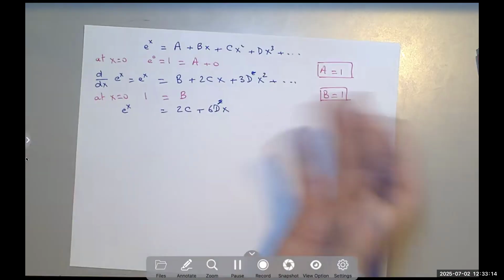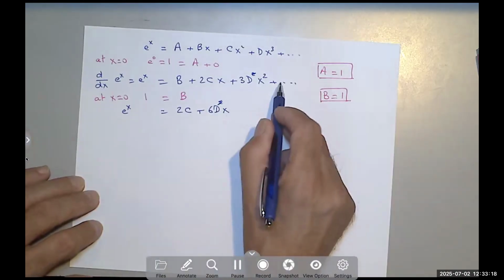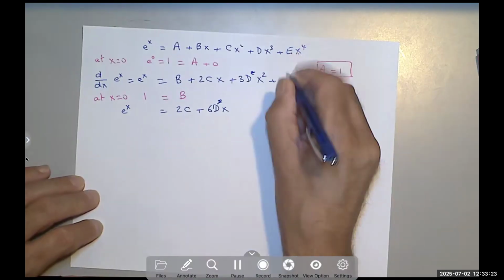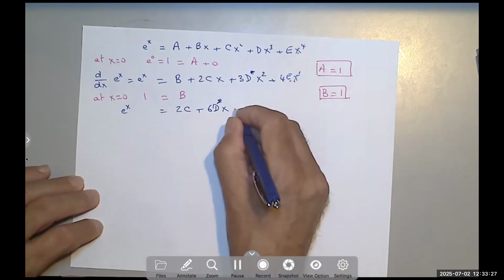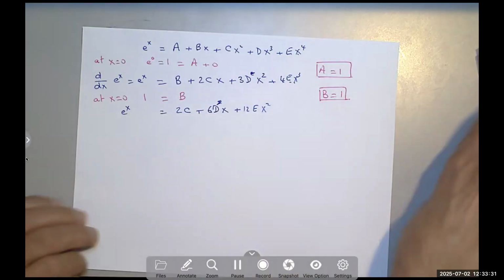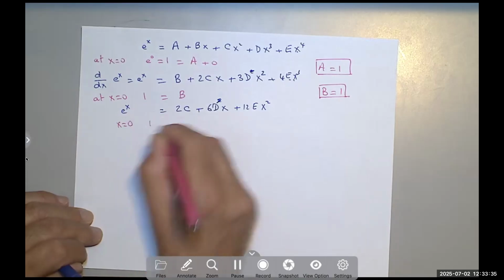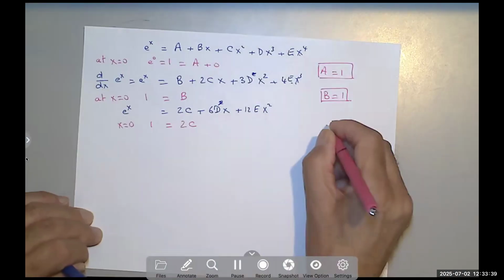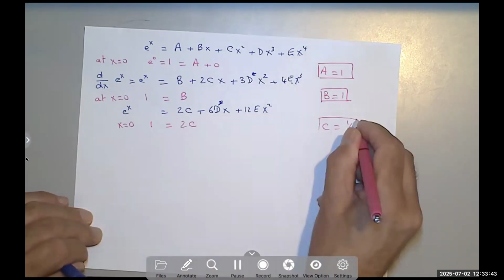Plus, if I had a fifth term, so for example, if this was e x to the 4, that would be 4e x cubed, and here I can say plus 12e x squared. Again, x equals 0, then e to the 0 is 1, and the right-hand side is 2c. So c equals 1/2, if I divide both sides by 2.